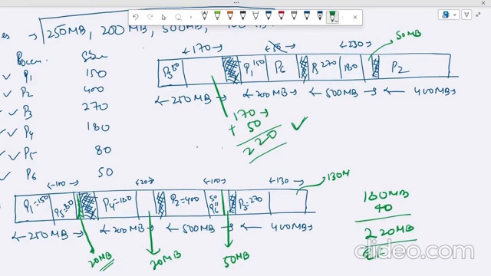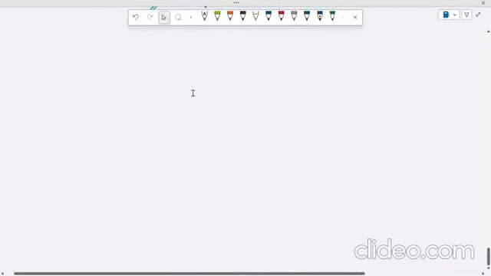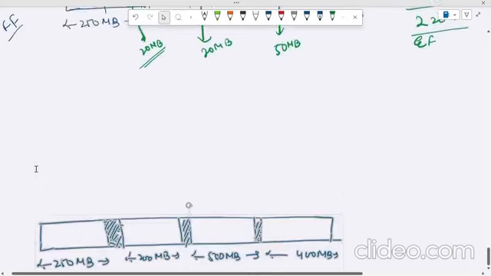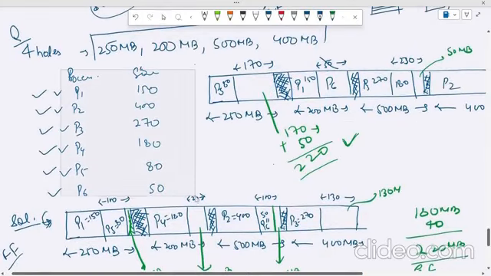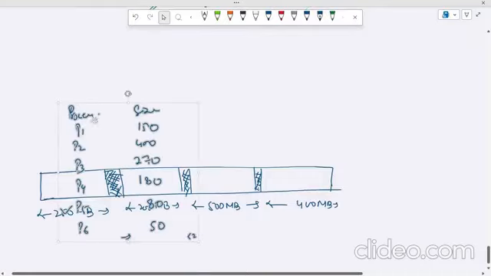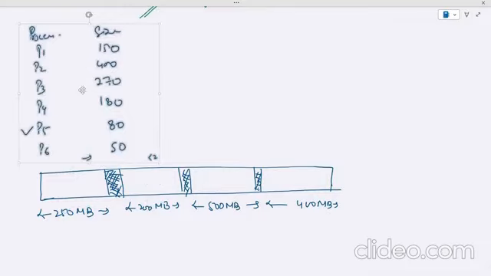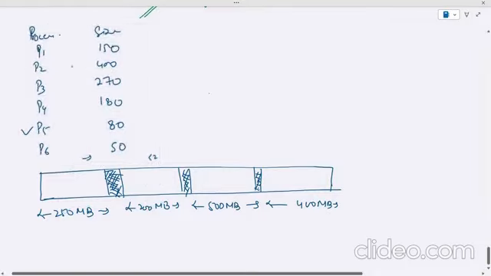Now let's solve this by worst fit. First of all, we have process P1, which needs 150. The worst fit says we have to put this process in the block with the very highest space, which is the third block.